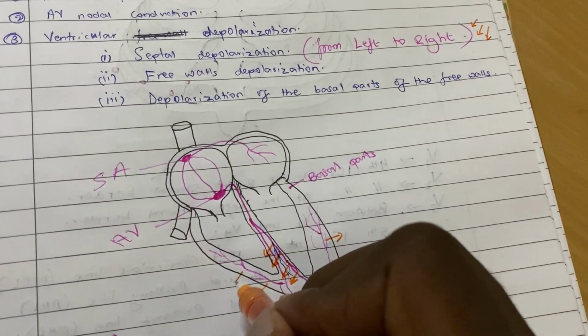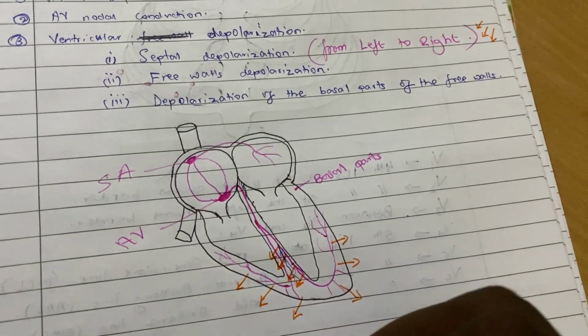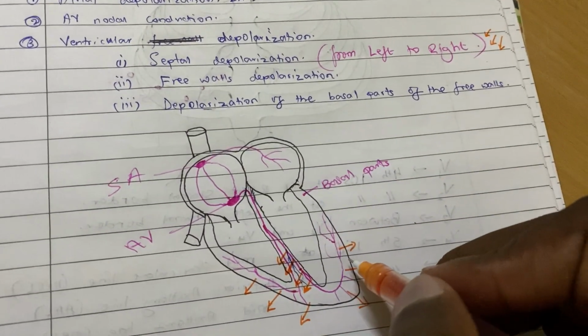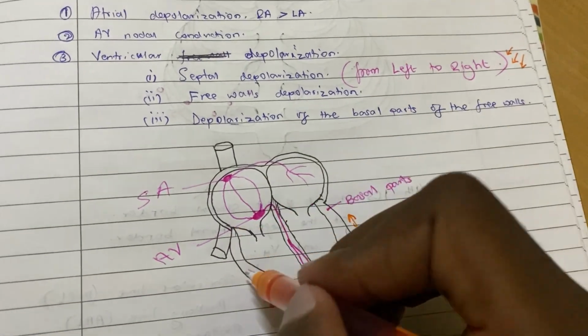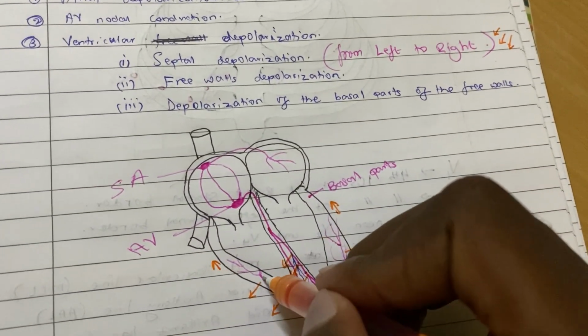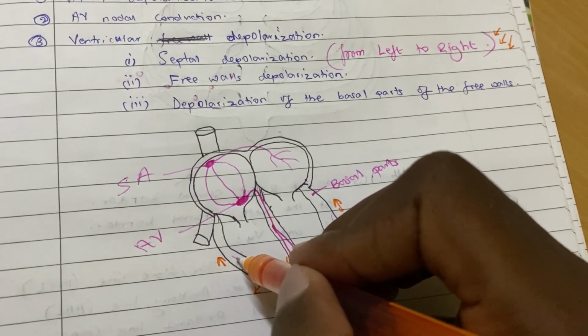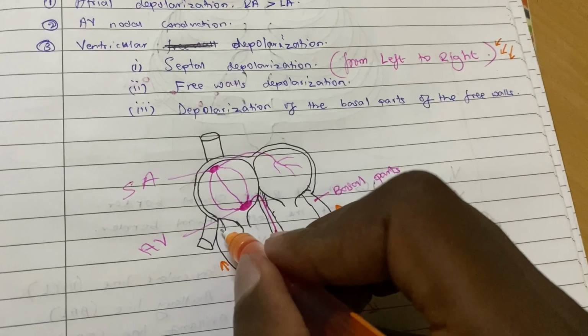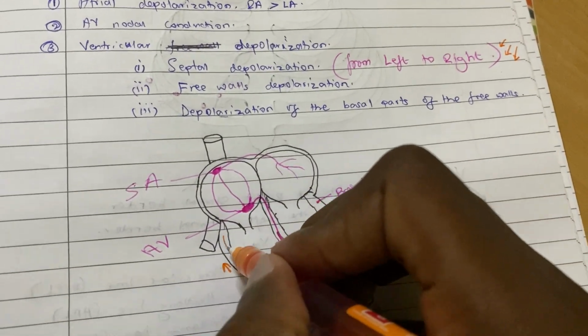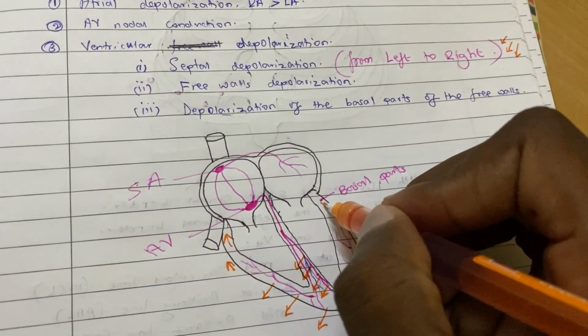But because the Purkinje fibers also move from the other side going upwards, the basal depolarization will happen in this direction. So the bases are this side, and basal depolarization will be in this direction.